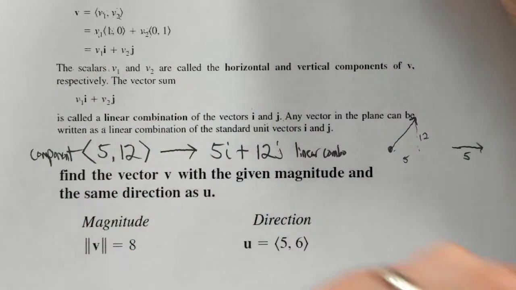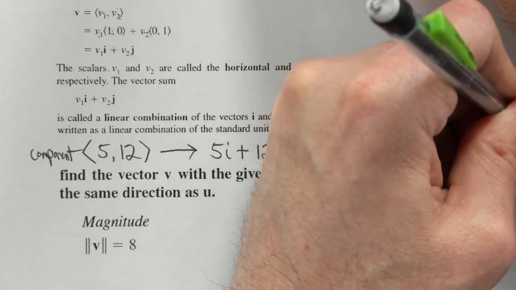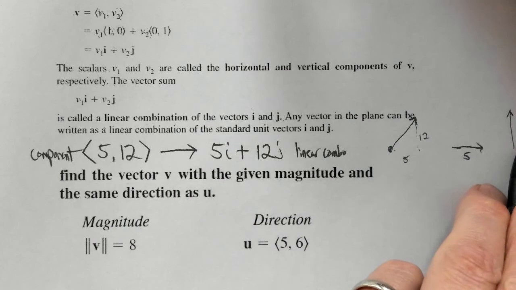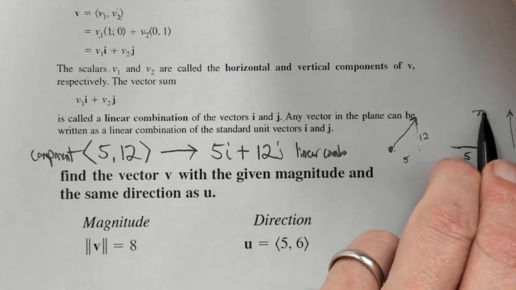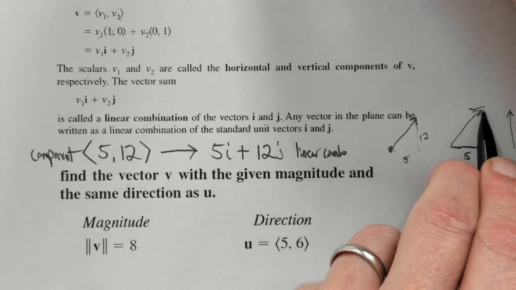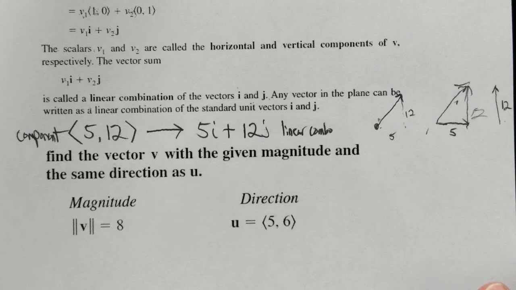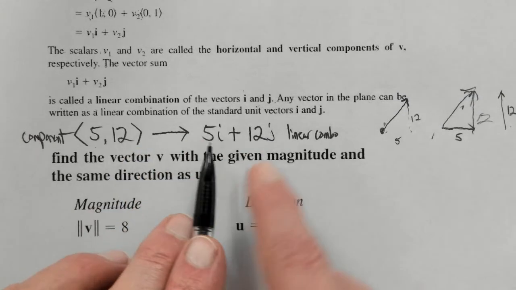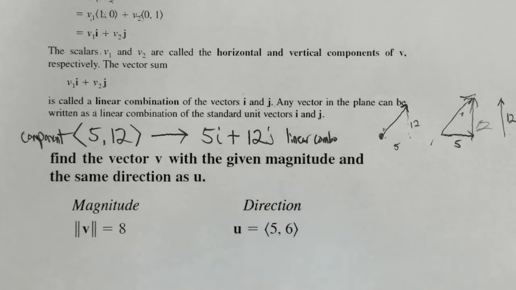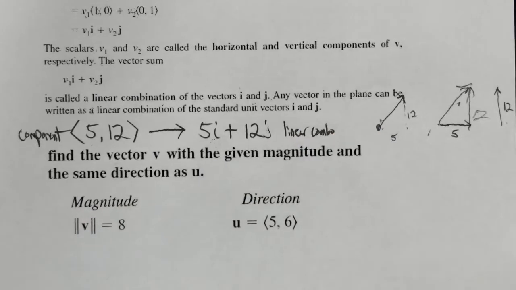I'm taking the vertical component, multiplying it times 12. Well, if I take those two and add them together, put them end to end, then the resultant vector is the same vector that I have. That's 5 and 12. All right? So this is just another way to write this. And the reason why we're doing this here now is it's going to become more convenient to write it this way in the subsequent sections coming up, and you'll see what I mean when we get there.